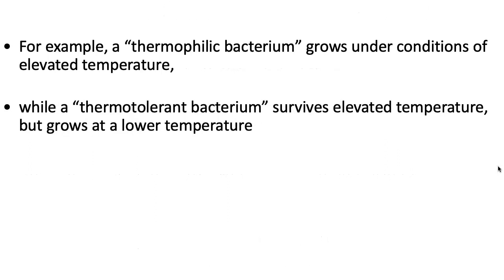So an example of a "phile" that has been used, as I explained early on, is a thermophilic bacteria that would grow under elevated conditions, whilst a thermotolerant bacteria will survive at that elevated temperature condition, but they would need to grow at a lower temperature.